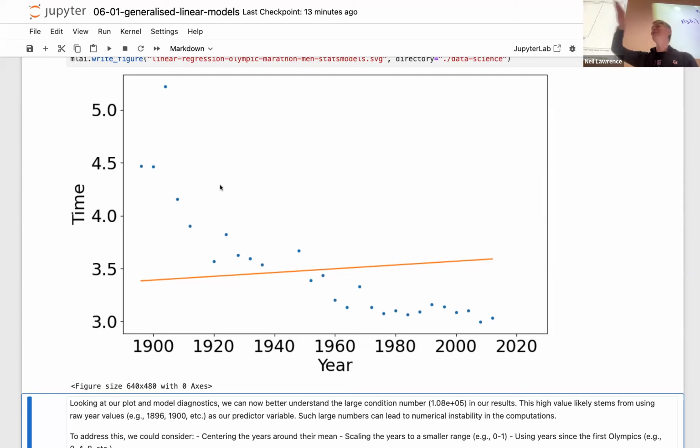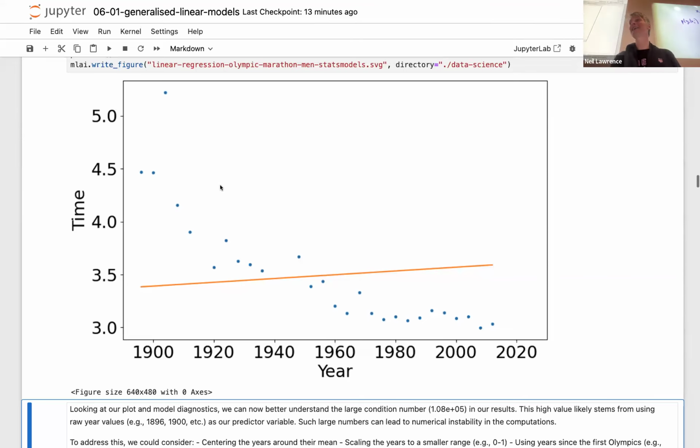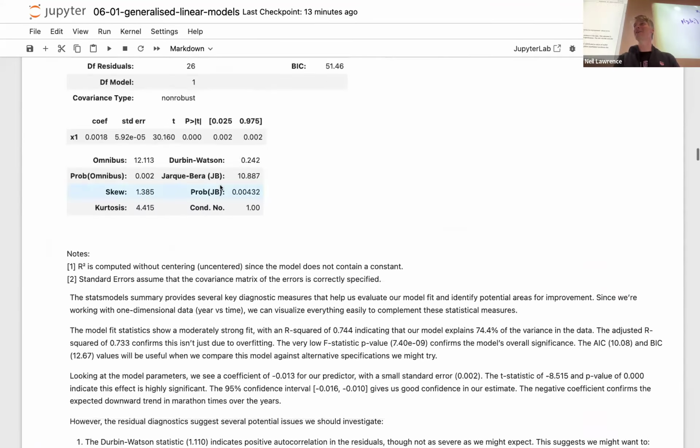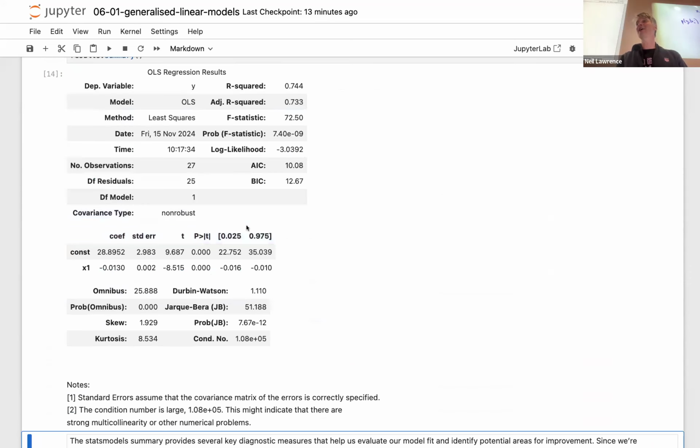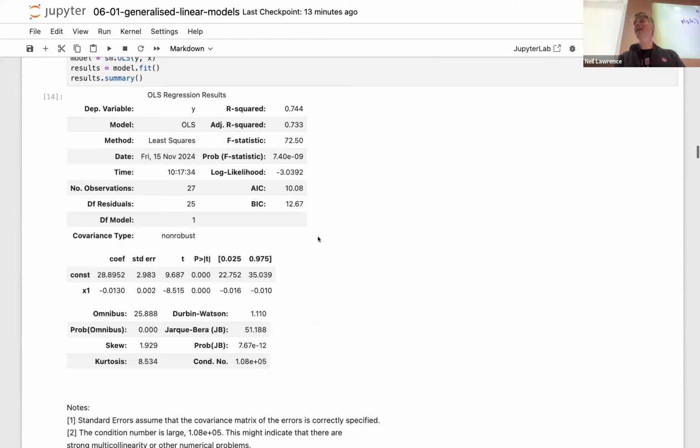So you can look at those stats all you like. Look at the plot. It's ridiculous, right? And the irony is when I was playing with this the first time around, I did exactly that error. So if you add in the constant, then you do the fit again.